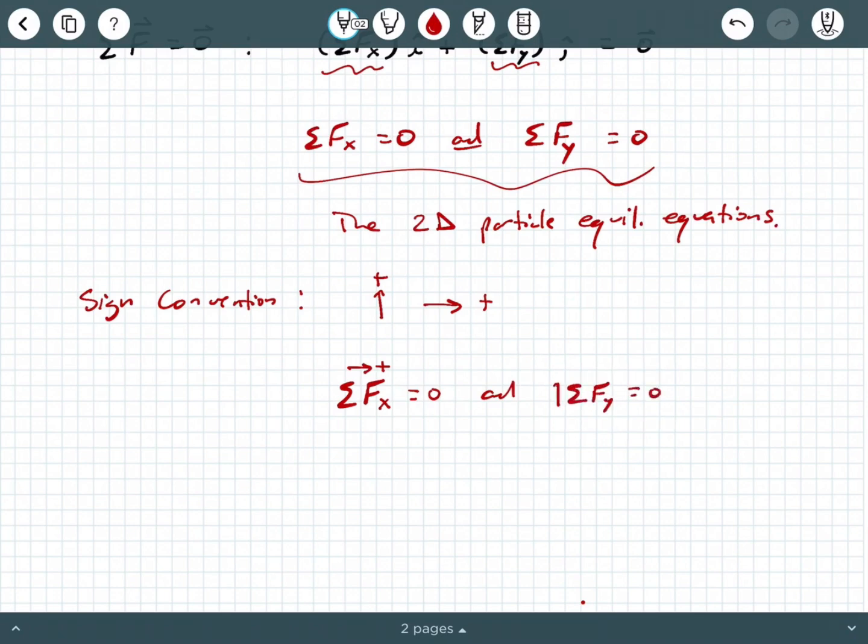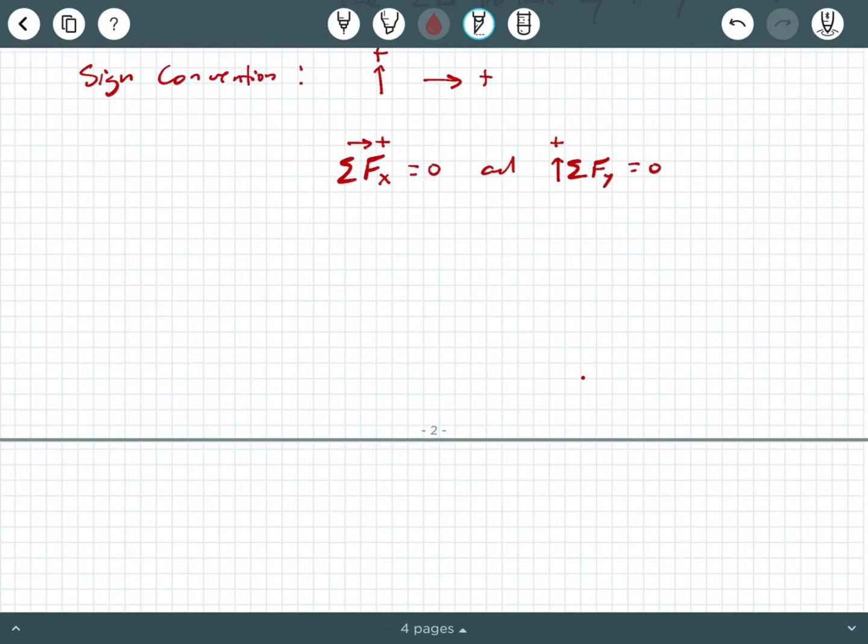Then we would say sum of the forces in the y direction equals 0, and to the left of the sigma and F sub y, we put an upward arrow. This tells whoever is looking at your calculations that force components pointing to the right are positive values, and force components pointing up are positive values. So anytime there's a negative, if it's horizontal, it's pointing to the left, and if it's vertical, it's pointing down.